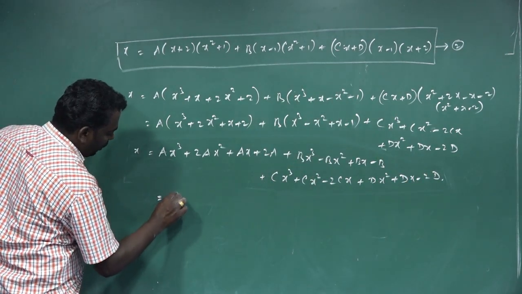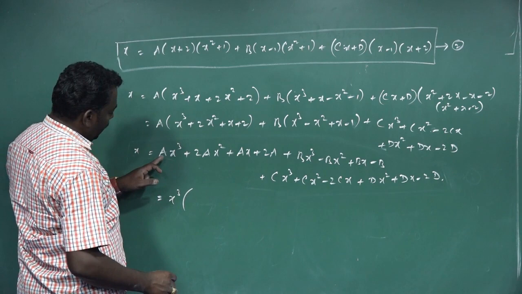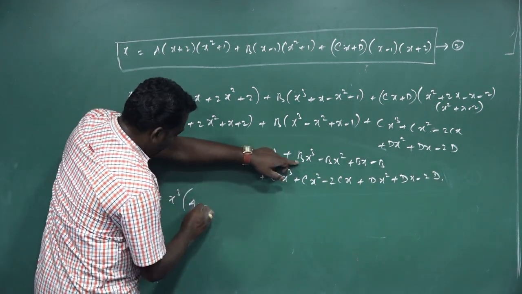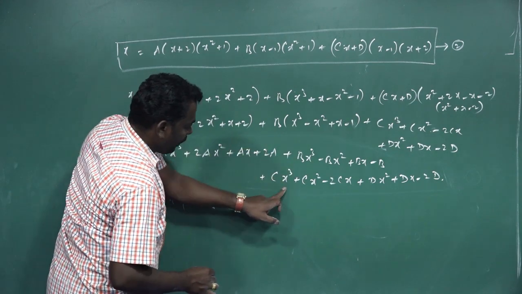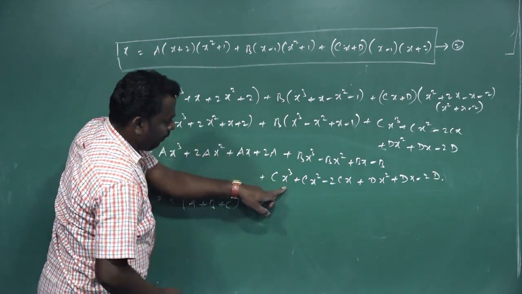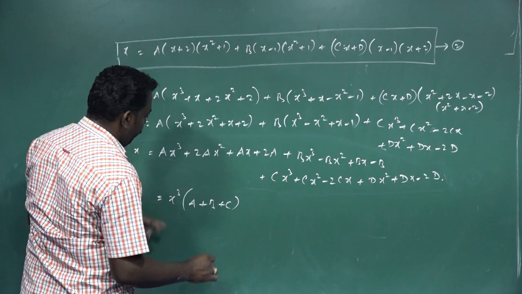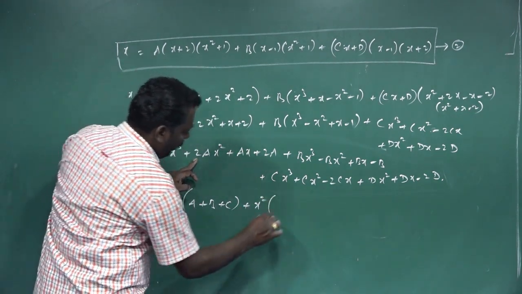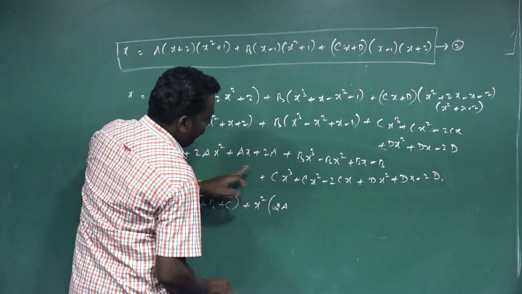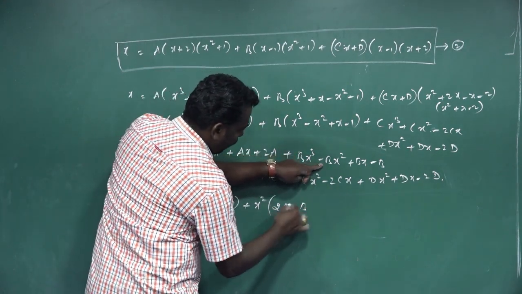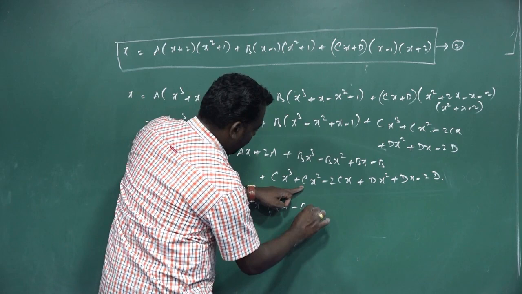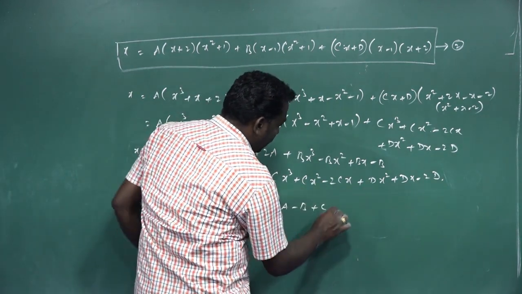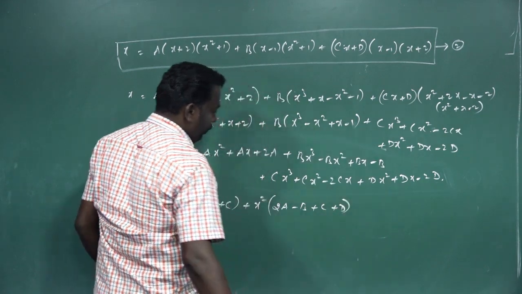Now taking x power 3 as common: ax power 3 plus bx power 3 plus cx power 3. There is no x power 3 remaining. Then take x square term commonly: 2a minus b plus c plus d, x square term.